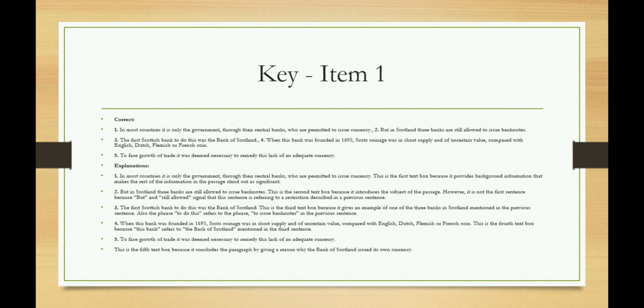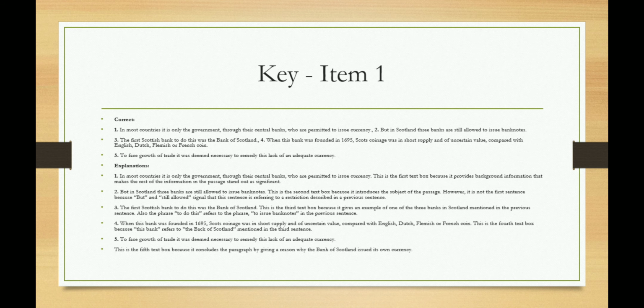So how does it come as third? When this bank was founded, so which bank is it talking about? The Scottish bank. So that's why it comes third. And fifth is, to face growth of the trade it was deemed necessary to remedy this lack of an adequate currency.